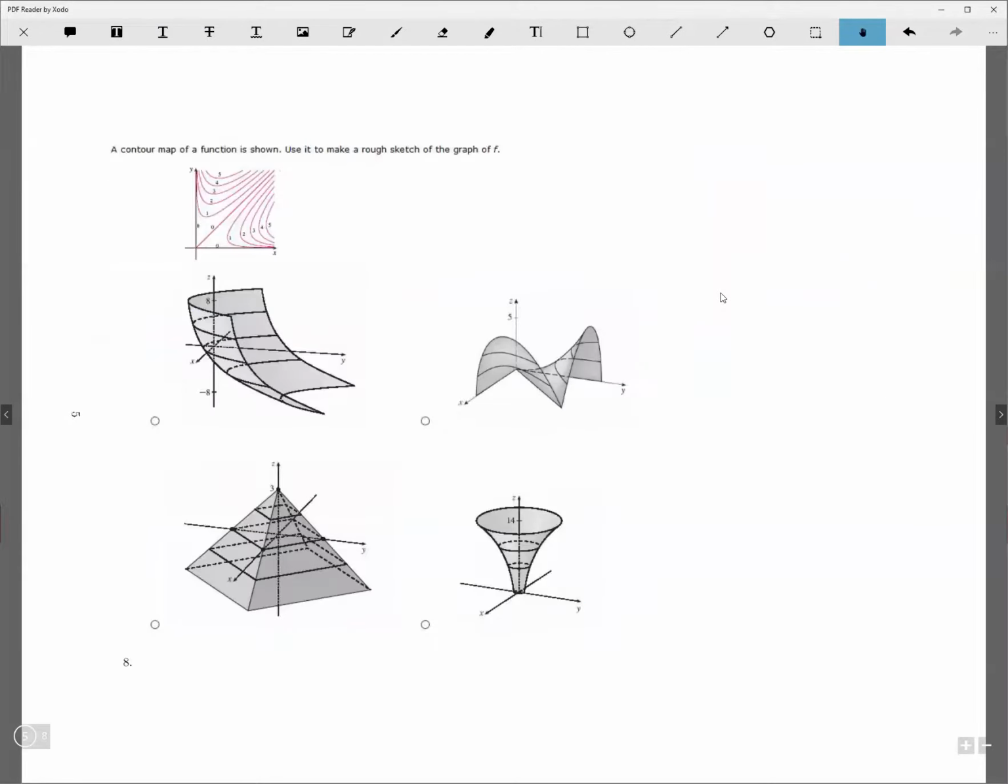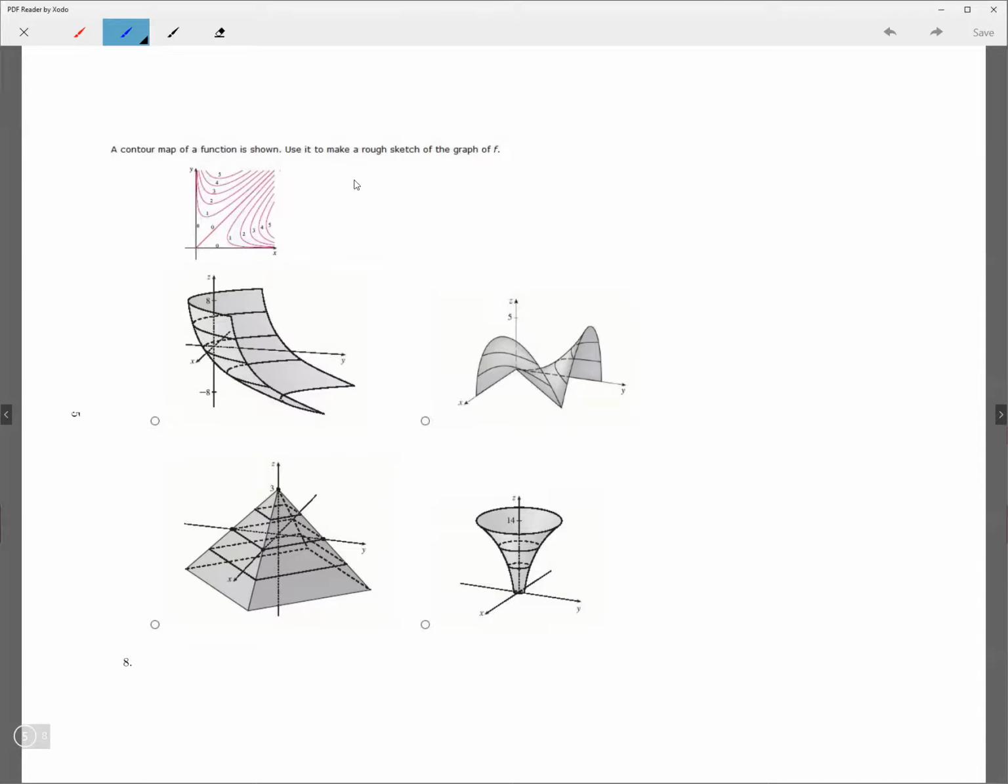Now, number 8. Okay, so here I have a contour map, which is shown. Use it to make a rough sketch of the graph of f. So this is a contour map. What this means is that you have the z's coming up and the x's and y's, right?